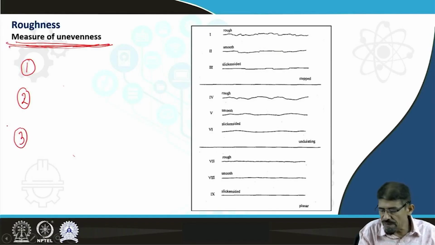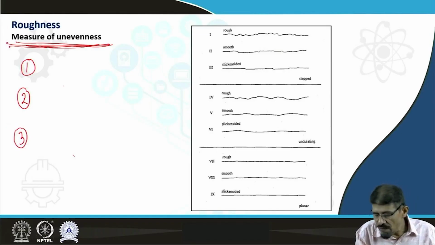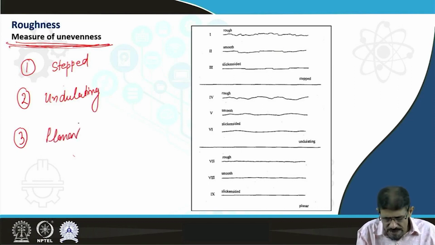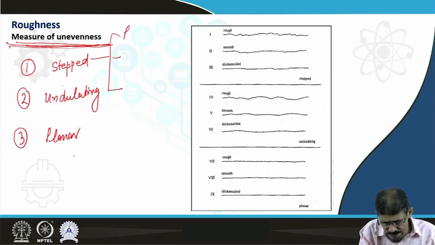It is easy for understanding. One is stepped, another is undulating, and third is planar. Further, these can each be divided into three categories: rough, smooth, and slickensided.